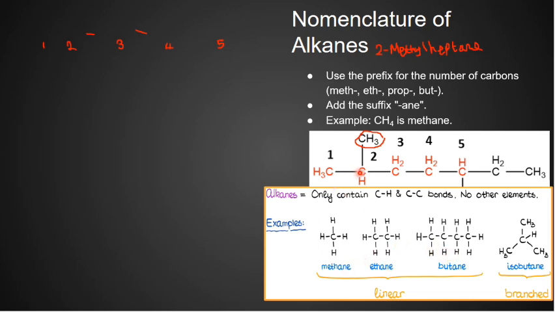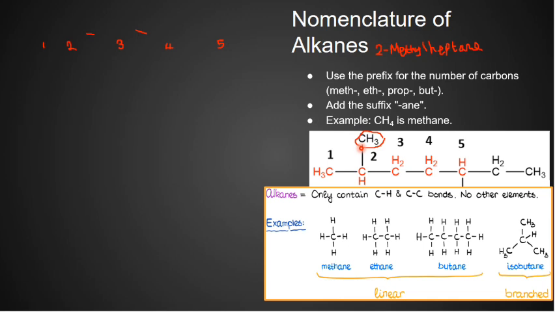What makes this butane differ from what we have here is that in this case, this position 2 that you are seeing here, hydrogen is not present. What we have here is CH3, and CH3 is a methyl group. Unlike the position 2 here, where hydrogen is still present. So that tells you that we have a substituent group attached to this particular hydrocarbon, and that substituent group is a methyl group.